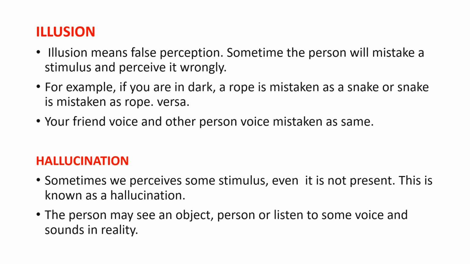Second thing is hallucination. Hallucination means sometimes we perceive some stimulus even when it is not present. Sometimes some person, some object, some voice, some light that isn't there, we will feel that it is there. Hallucination is a major clinical manifestation, a sign and symptom of schizophrenia, but it is an error of perception actually.